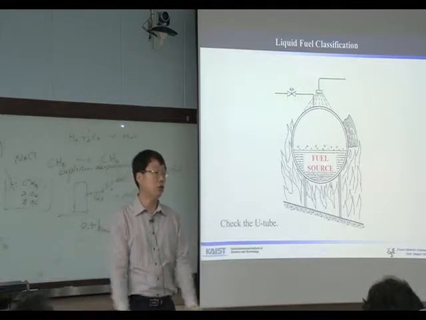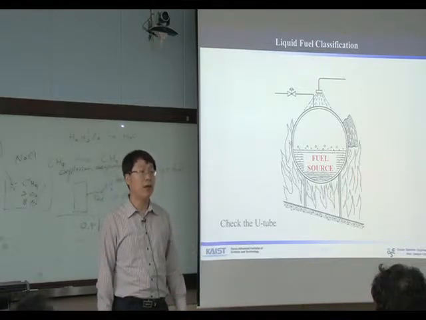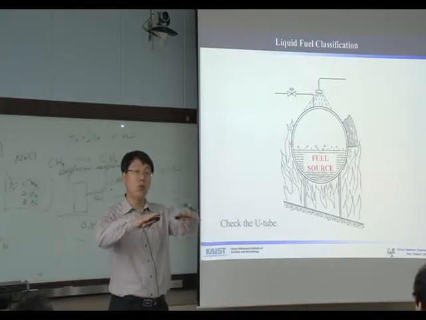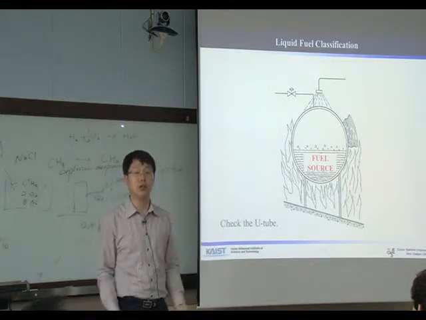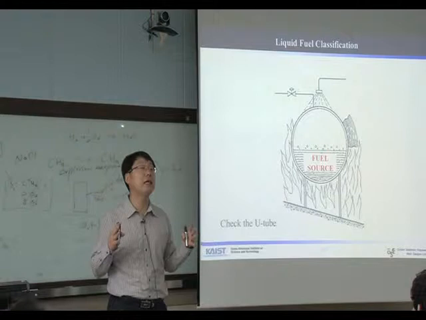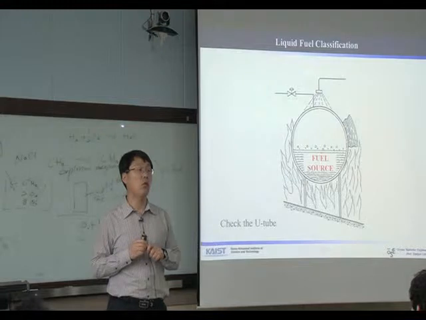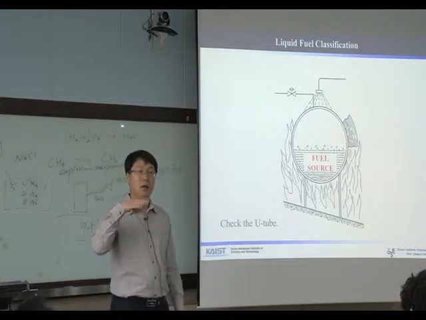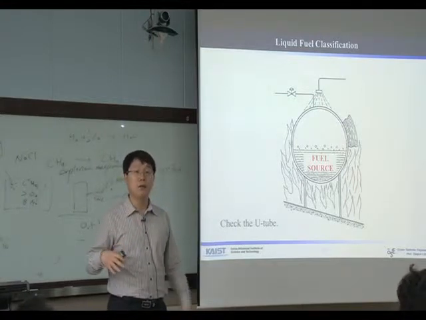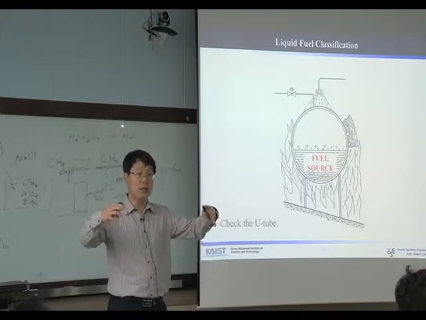If the tank design pressure is 10 bar, the rule requirement is that the tank should withstand a hydrostatic test with the pressure 1.5 times the design pressure. That means the tank is tested to withstand a hydrostatic pressure of 15 bar. So even though the pressure inside is 15 bar, the tank can contain the vapor and liquid inside.